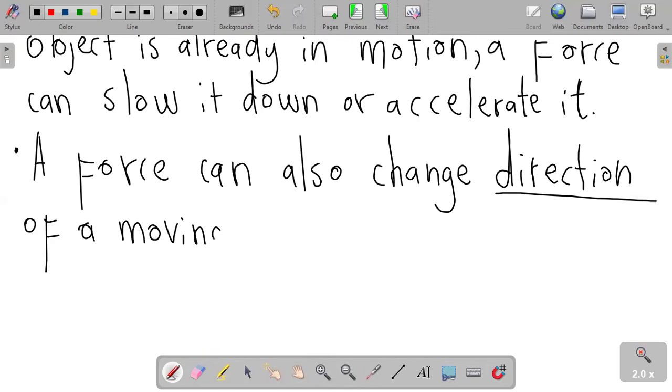So in this case, the object is already in motion.